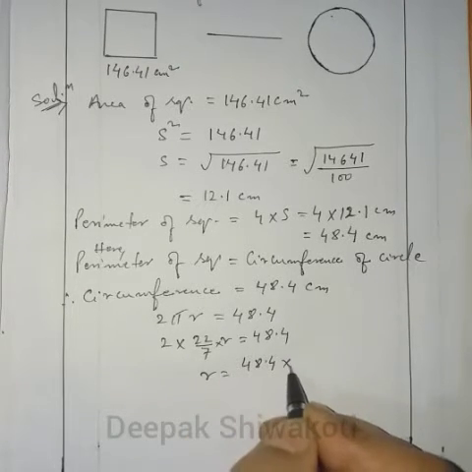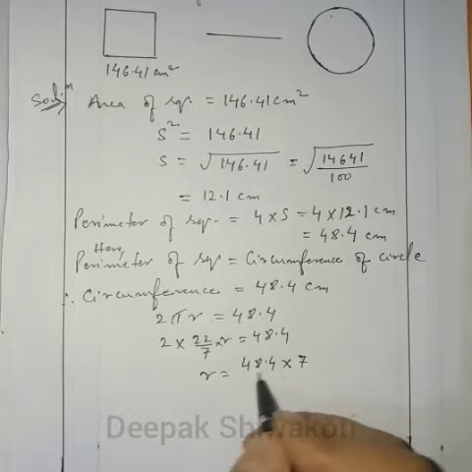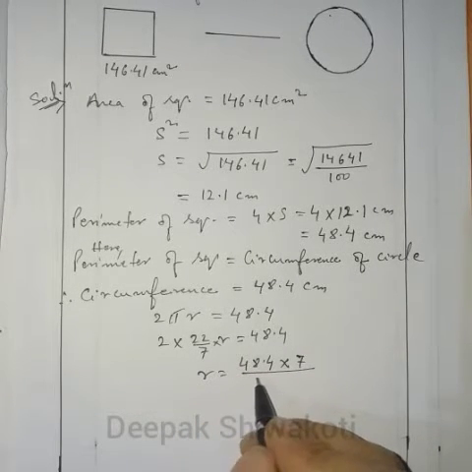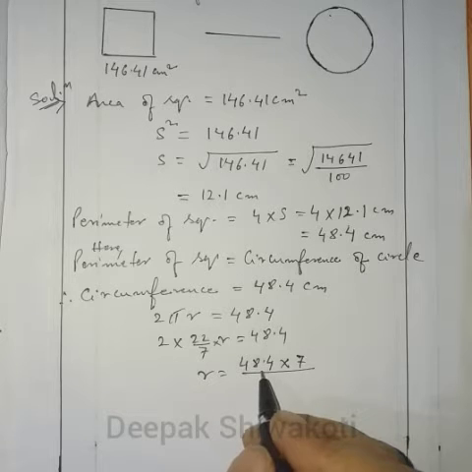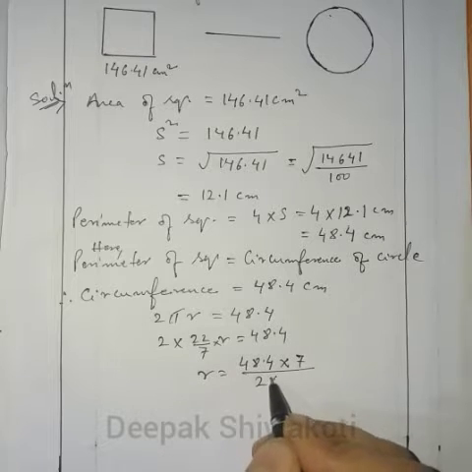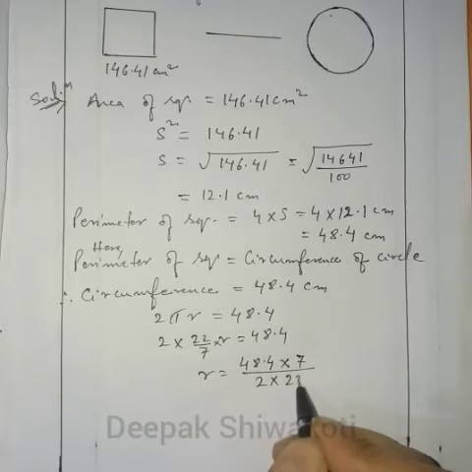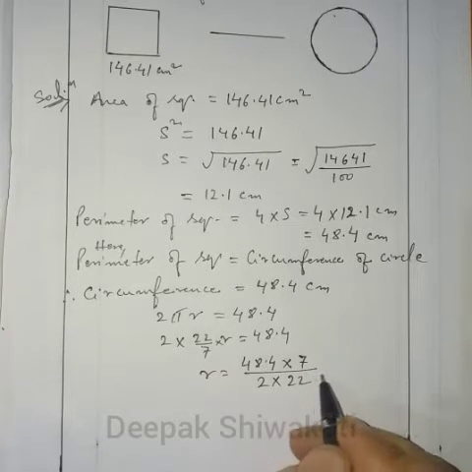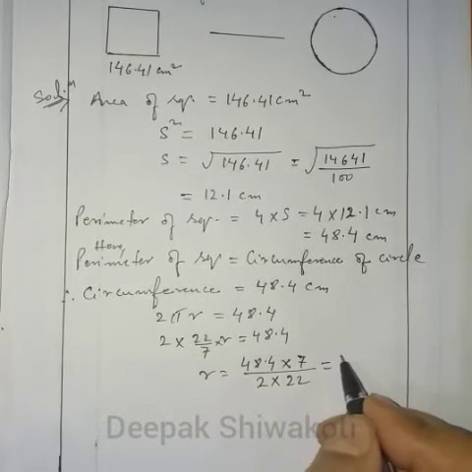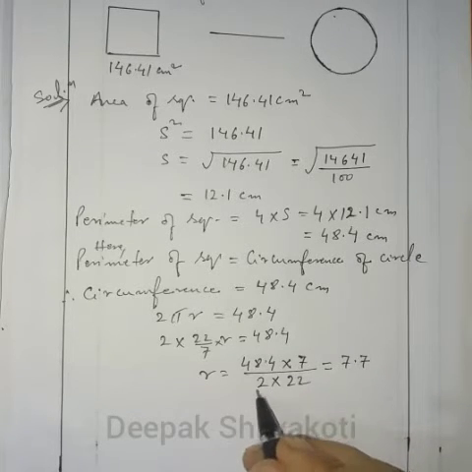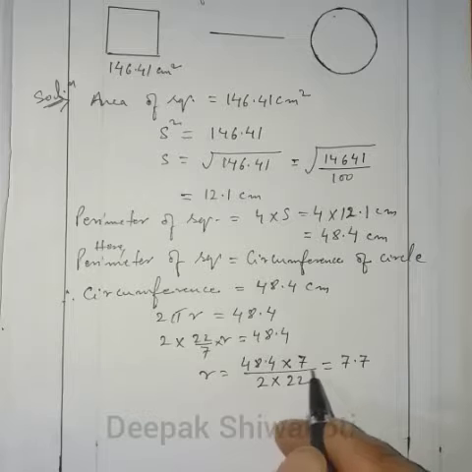This 7 will come up, and this 2 and 22 in the denominator, 2 into 22. Calculating this you will get 7.7. Cancel this and then multiply and then divide.